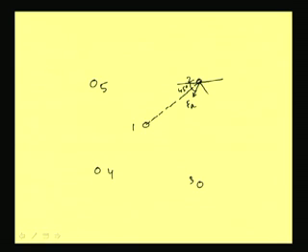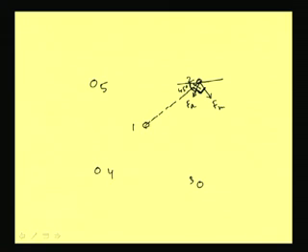F_M will be in this direction with a 90-degree angle to F_A. So, I have to find out this angle theta. Before going to find out this angle, this is 45 degrees and this is 90 degrees, so we can find out the angle.